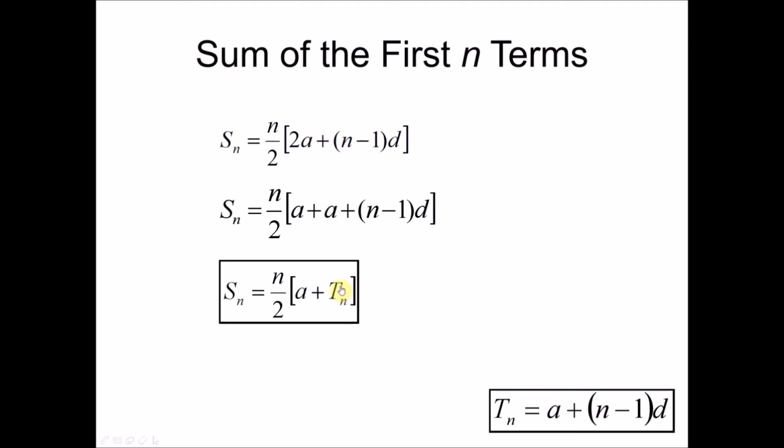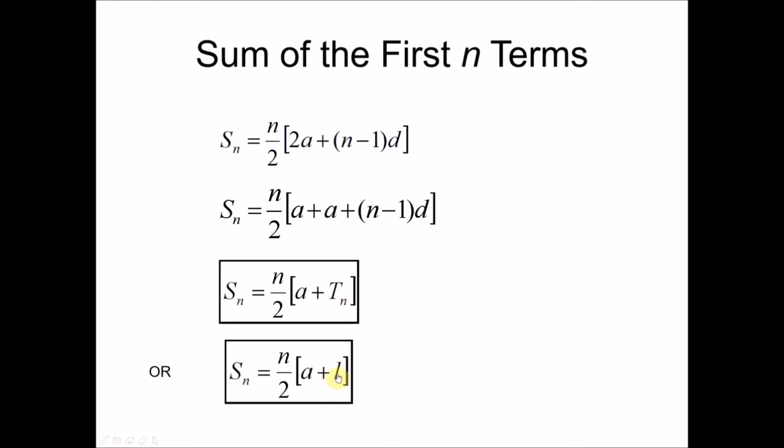Tn, we can also replace with another symbol, which is L. L stands for last term. A is the first term, L is the last term. So from the first formula we can derive these others. We can use any one of these three according to the situation, where Tn or L stands for the value of the last term.